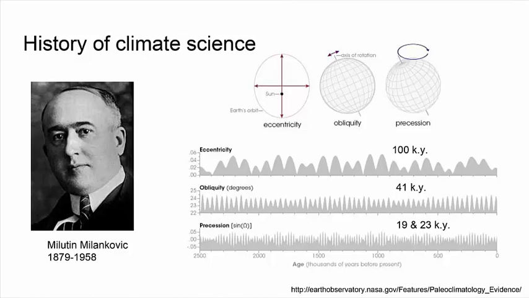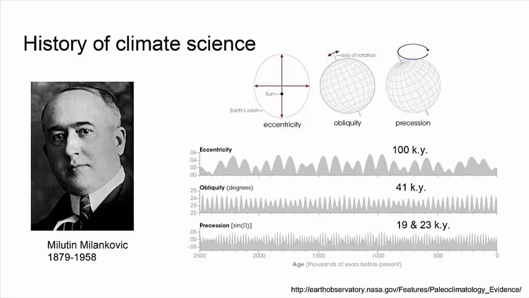And there's also the obliquity. Because we have seasons, Earth's axis isn't exactly perpendicular to its orbit, so it's tilted. It's at 23 degrees, but it can vary by around 2.5 degrees, and that has a period of around 41,000 years. And lastly, there's also precession, which is how much it wobbles around its axis.